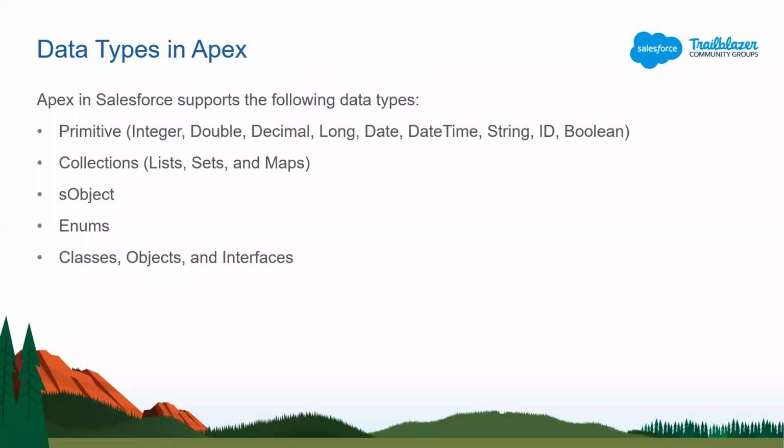Now we'll be seeing the data types in Apex. Apex supports the following data types. As we have seen in the last slide, there are two types of data structures, primitive and non-primitive.